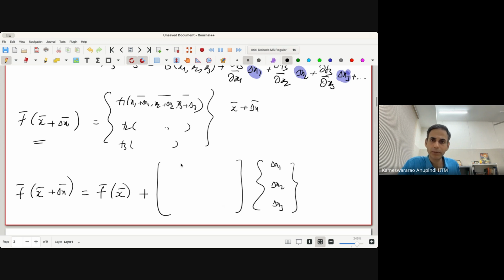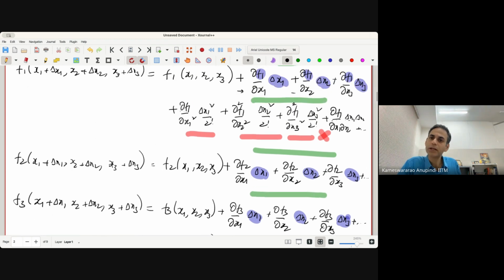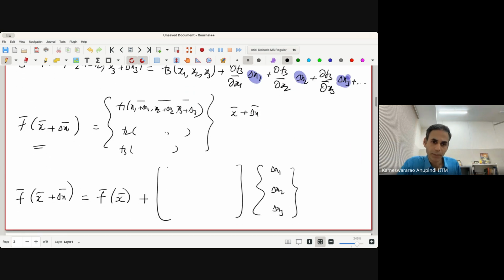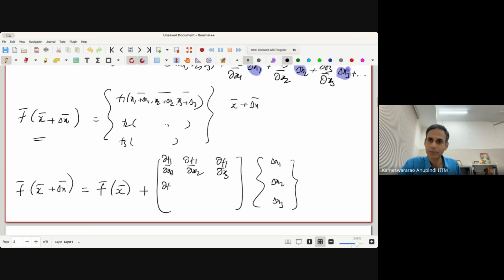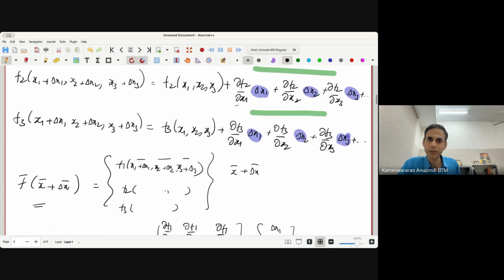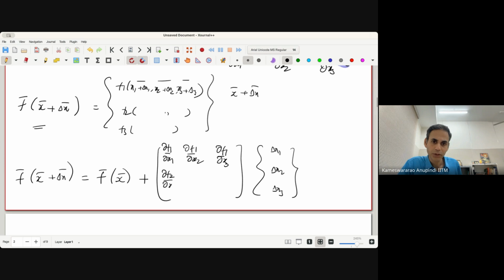And then what would be the matrix here? Because delta x1 is multiplying, the first term is partial f1 by partial x1. Next is partial f1 by partial x2. Next is partial f1 by partial x3. That means for the first row, f1 remains the same, and the denominator changes from x1, x2, x3. Then the second row is going to be partial f2 by partial x1, partial f2 by partial x2, partial f2 by partial x3, with f2 fixed.